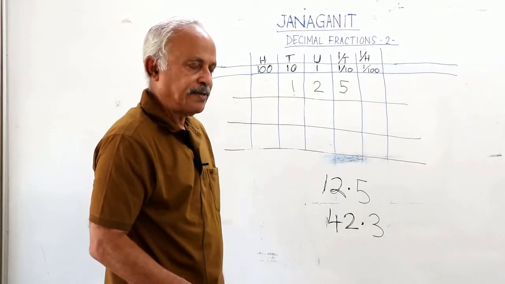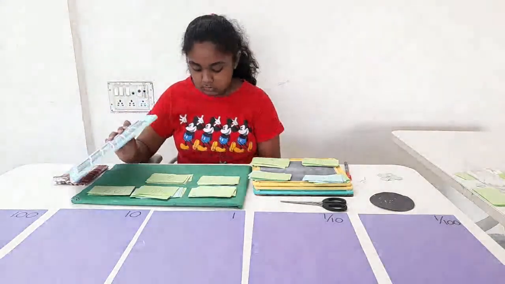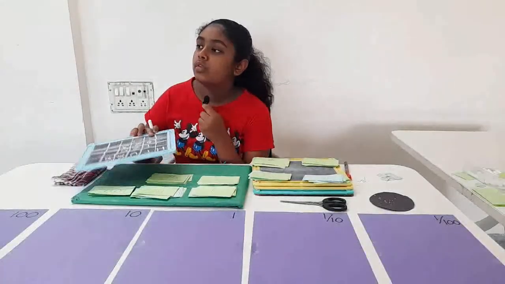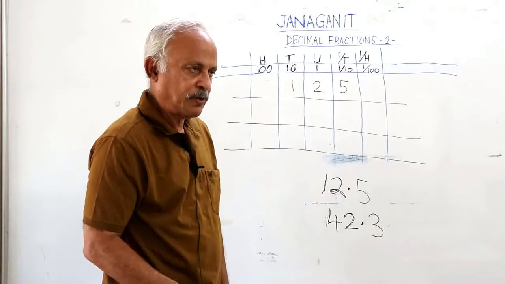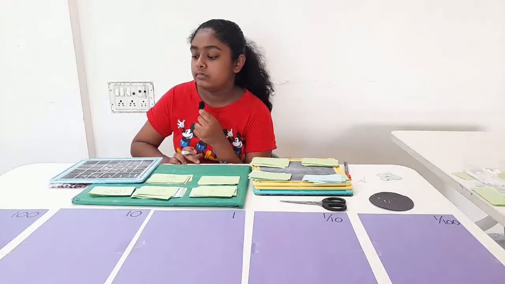So that is how many tens? 4. 4 tens. How many ones? 2. And how many 1 by 10s? 3.